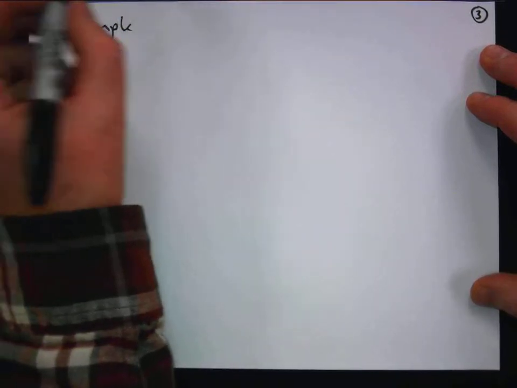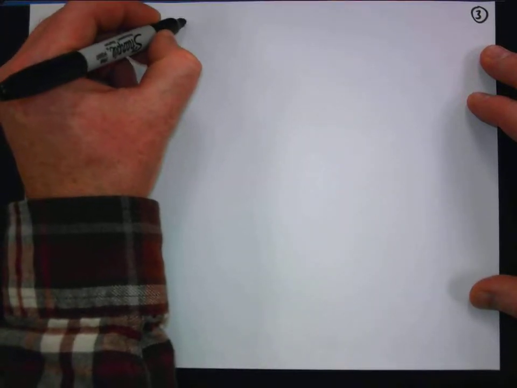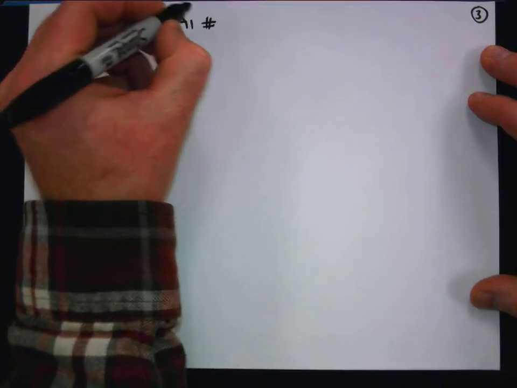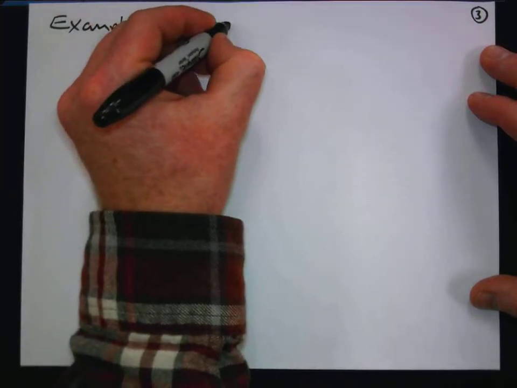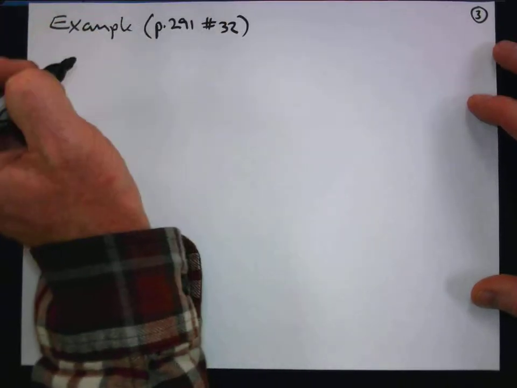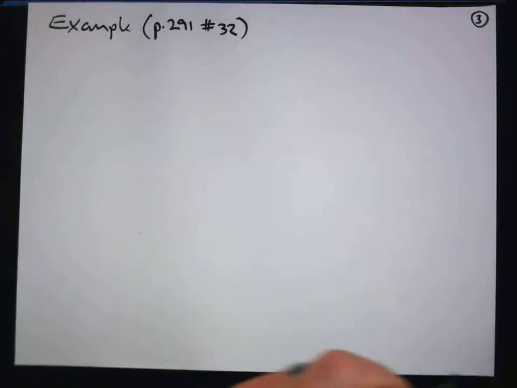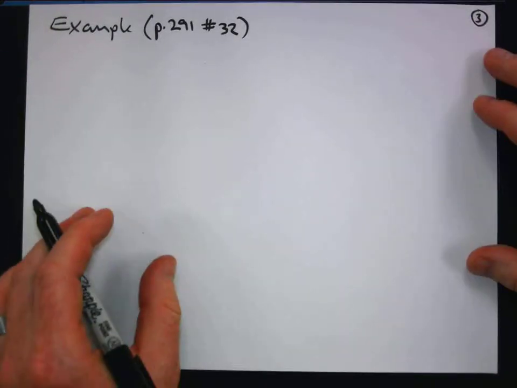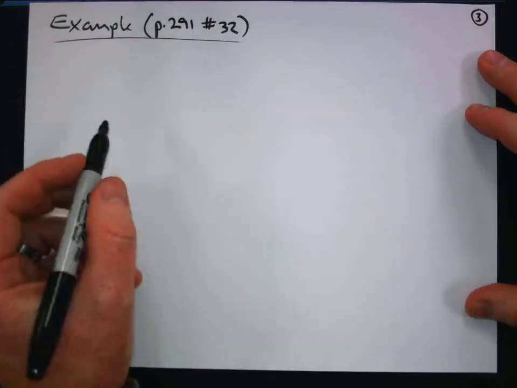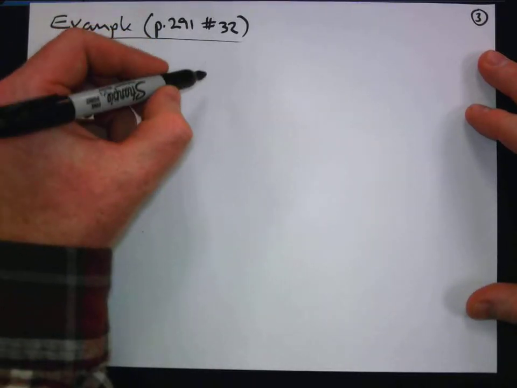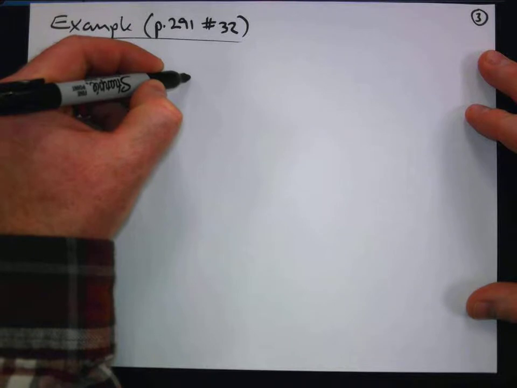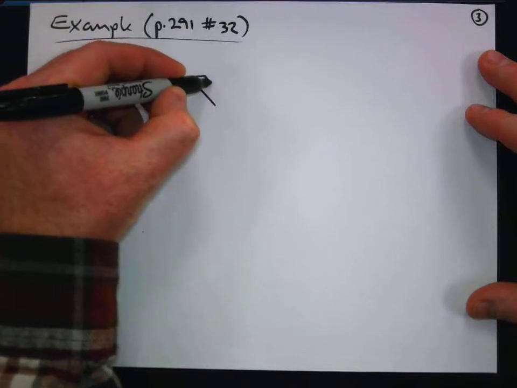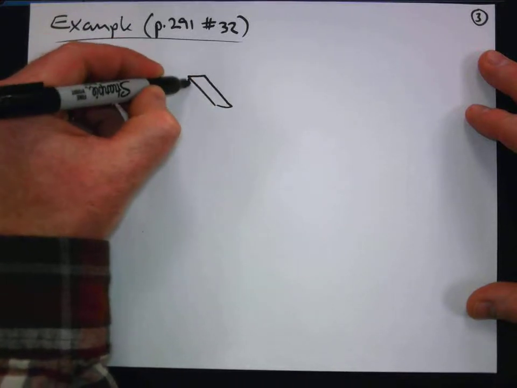This example comes from page 291. This is question number 32, just for reference. And in this question, we're given that there's a block of wood, and so I'm just going to do a block of wood kind of drawing here.